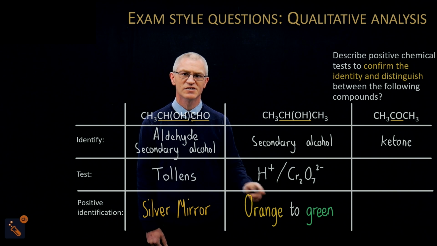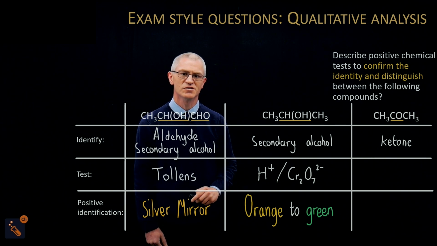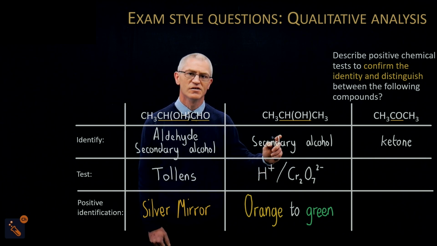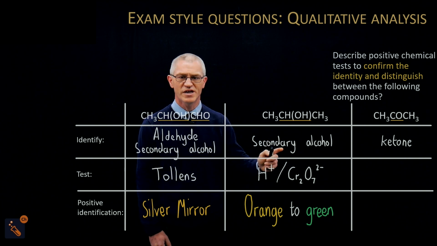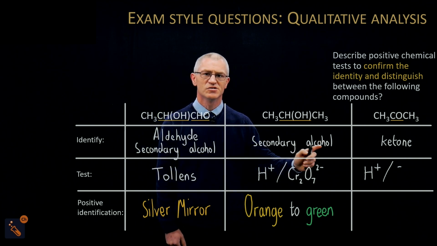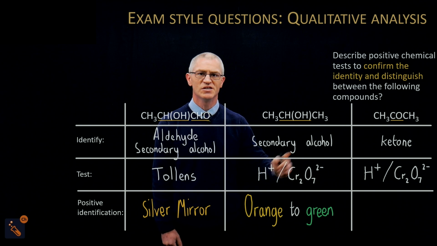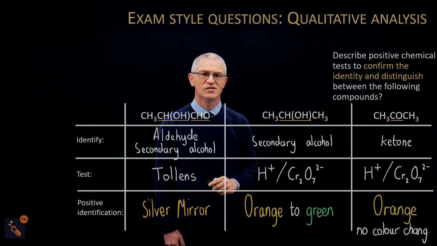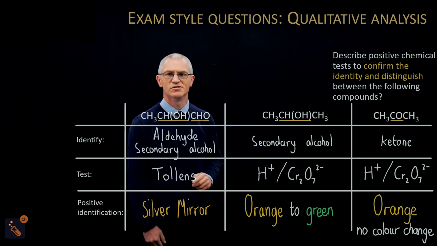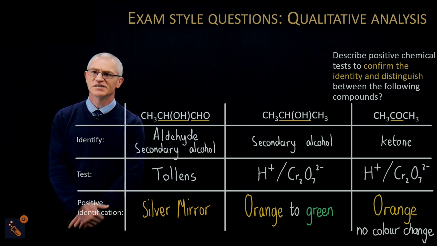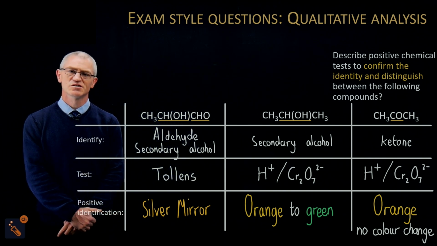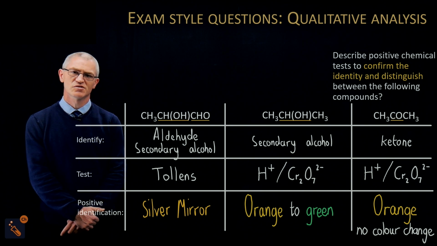Unless you can see a colour change, or bubbles, for example, you can't identify this. So we've got nice orange to green. Also, things not reacting can be a sign of what they are. So if I put H+ Cr2O7 with this, there'll be no colour change and it will stay orange. So I've now identified and distinguished between those 3 molecules.